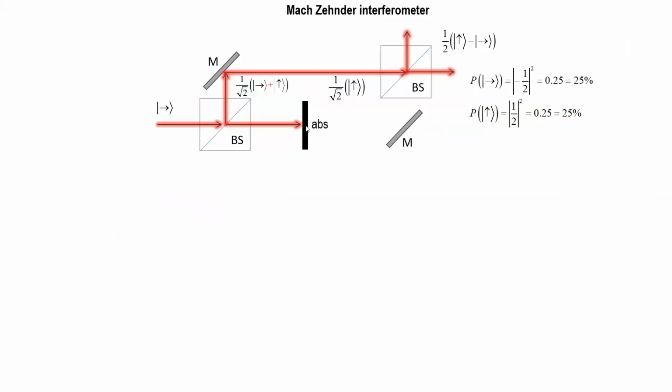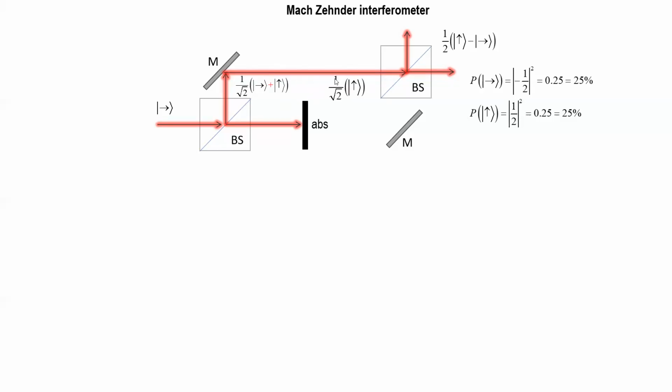However, if I measure the presence of a photon, for example, in the lower channel, I know that if the photon passed through the system, it definitely passed through the upper channel, because otherwise it would be absorbed in the lower channel here. In this case, as you can notice, we completely destroy the interference.